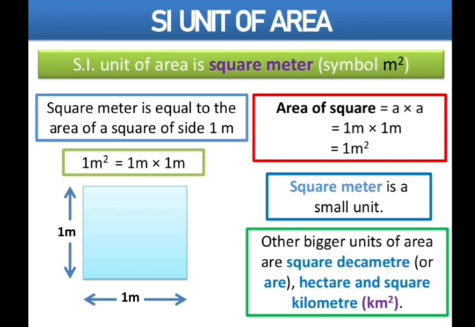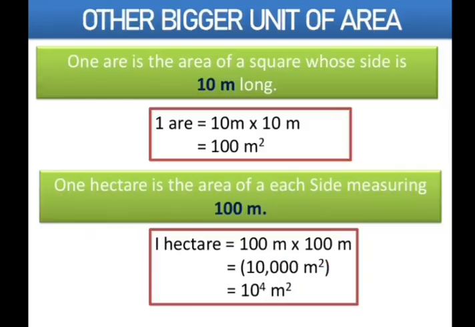This square decameter is also called acre. 1 acre is the area of the square whose side is 10 meter long. And 1 hectare is the area of the square whose side is 100 meter long. Similarly, the square kilometer is the area of the square whose side is 1 kilometer.